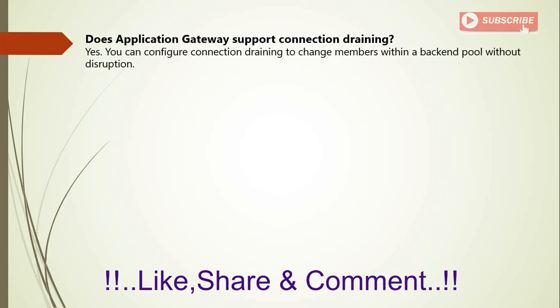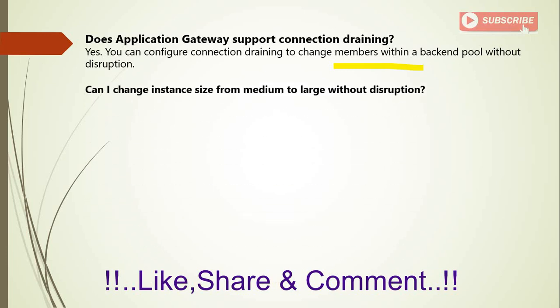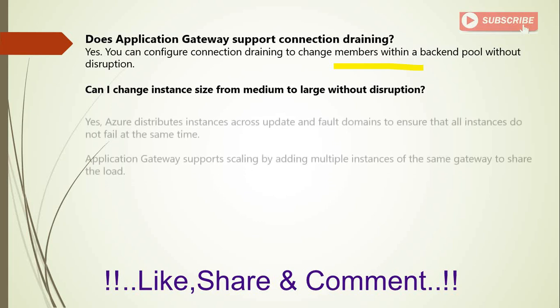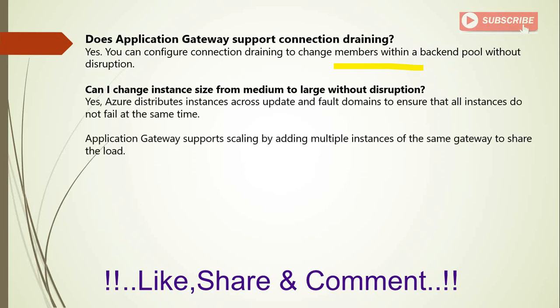Yes, you can configure connection draining to change members in a backend pool without disruption. Can I change instance size from medium to large without disruption? Yes, you can do it without any disruption. You can increase or decrease the size of instances.